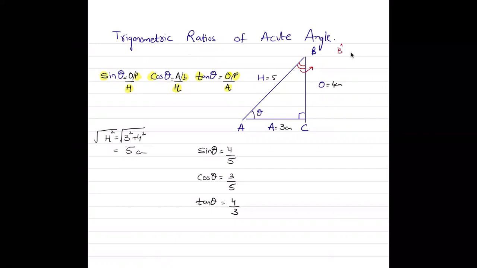Angle B plus theta plus 90 should be equal to 180 degree. So angle B should be 180 minus 90, that is going to be 90 minus theta. Okay, so this angle B should be 90 minus theta.